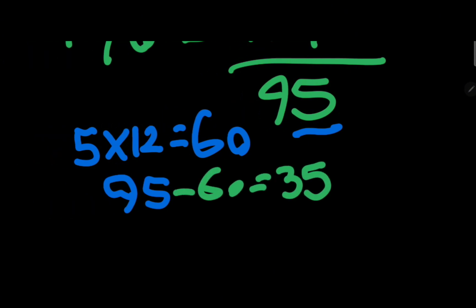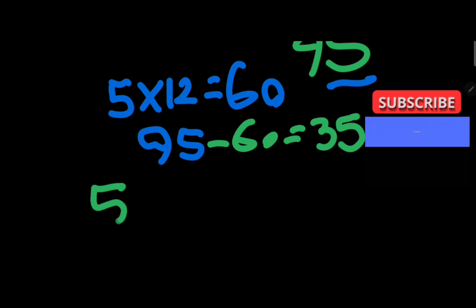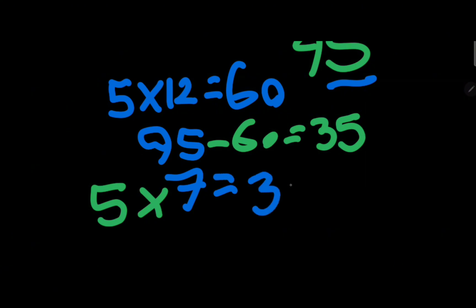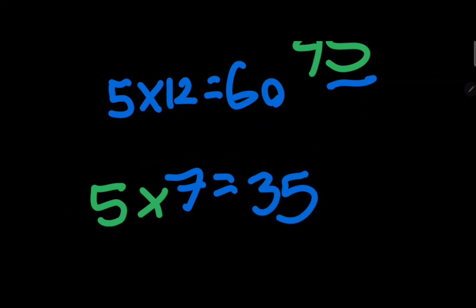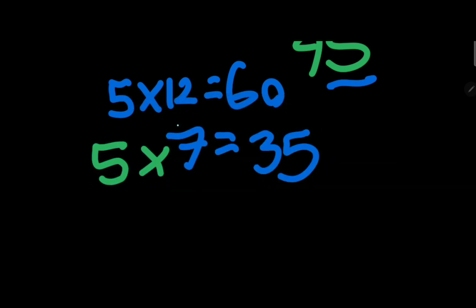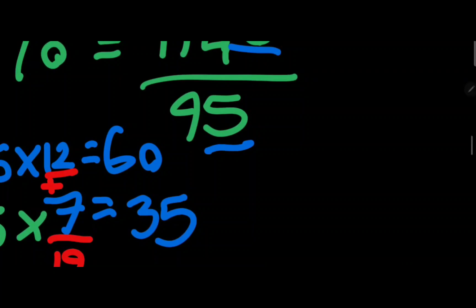So what other thing can 5 be multiplied by to give me 35? Well, that's easy, that's 7. 5 times 7 will give me 35. So therefore, 7 plus 12 is 19. So 5 can go into 95 19 times.